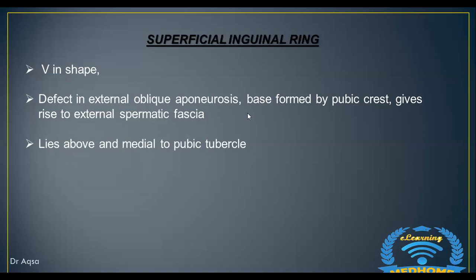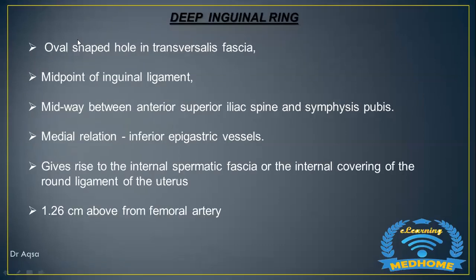So, if you can hear me, the superficial inguinal ring is V in shape, while the deep inguinal ring is oval in shape. The superficial inguinal ring is formed as a defect in the external oblique muscle aponeurosis, while the deep inguinal ring is a defect in the fascia transversalis.